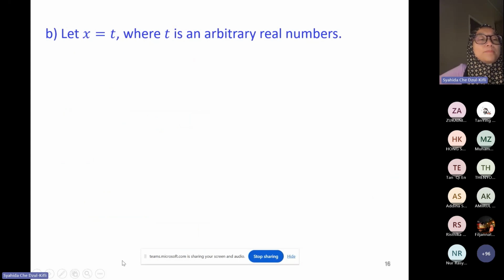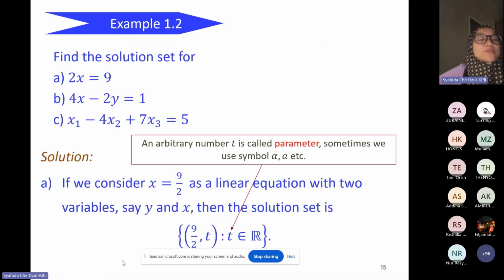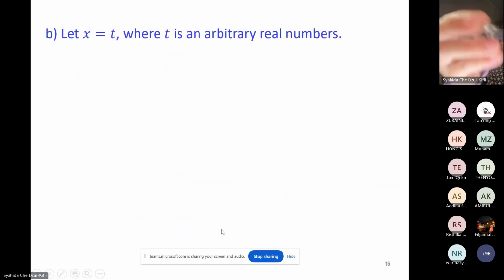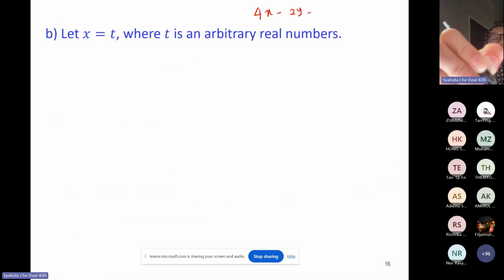So for B, we have 4x minus 2y equal to 1, right?